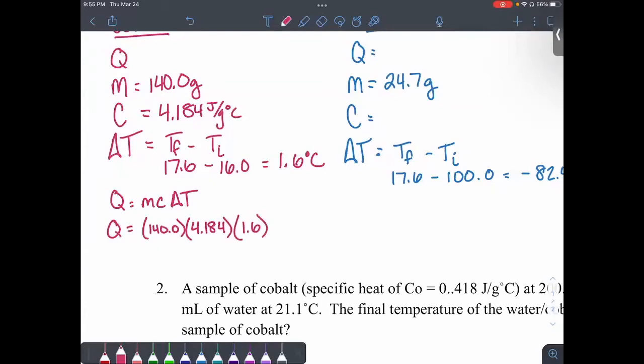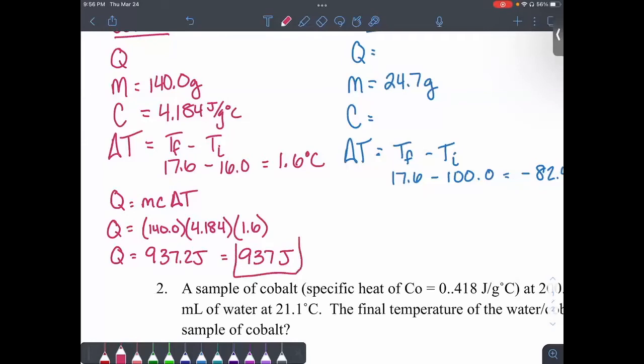Once we do that, we can just multiply all those together, and we get a Q equal to 937.2 joules, or really 937 joules if we're doing significant figures.